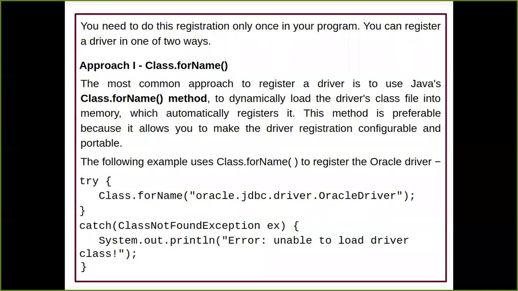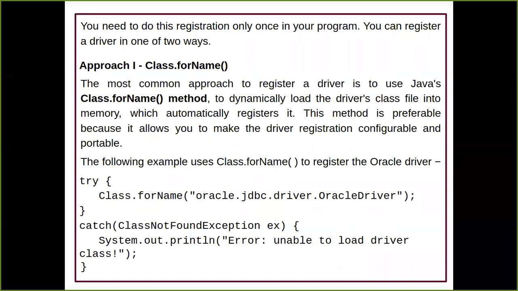So in the given list of the driver manager, there is already a JDBC driver available, and I just have to call it into my program. This is your approach 1.